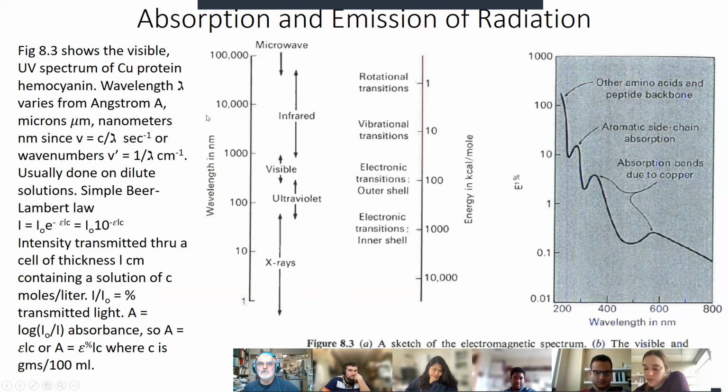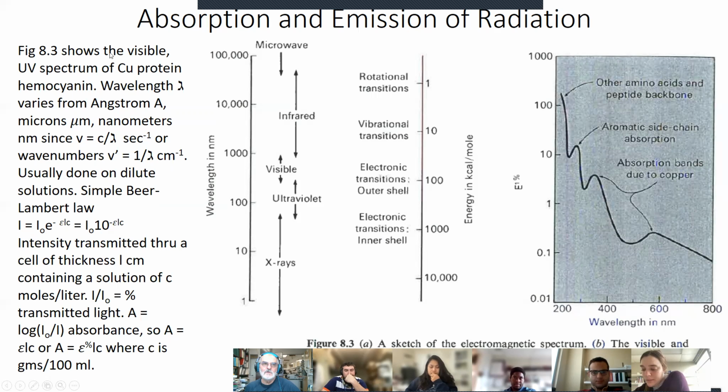And then you get up into the thousands of nanometers, and this is vibrational transitions. And then tens of thousands, you get into rotational transitions. And so depending upon what wavelength you're using, you are basically looking at various kinds of transitions that are occurring in these molecules.